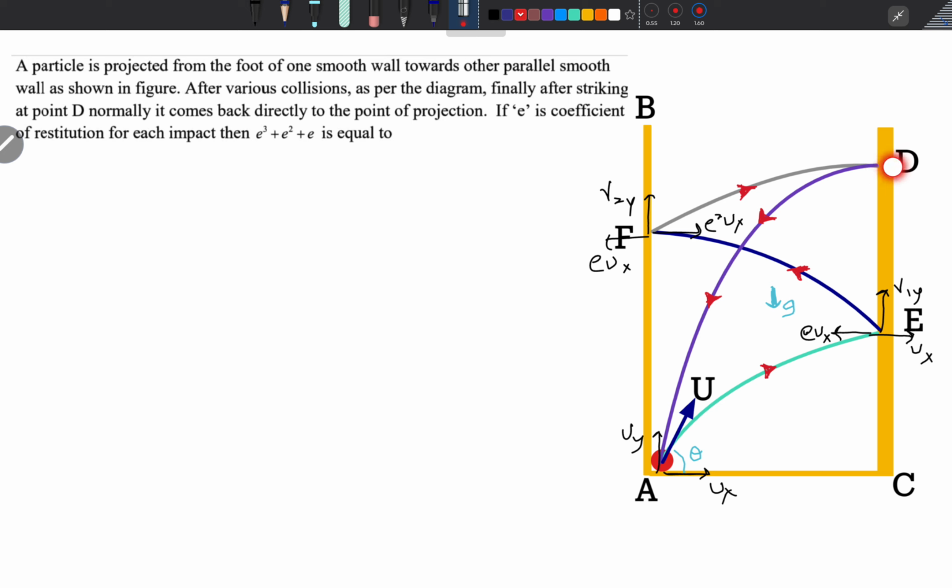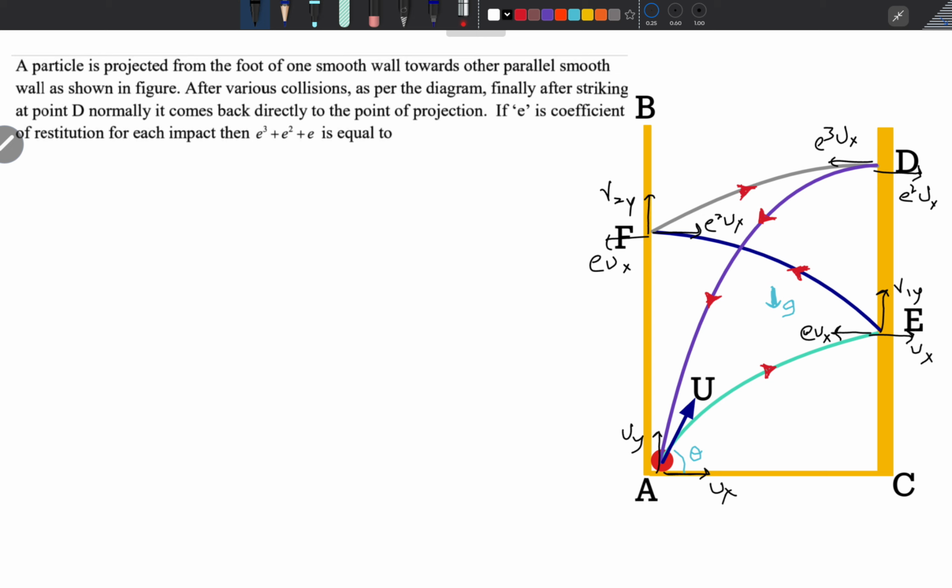So at point D, the ball will collide horizontally with velocity e²ux. Then it will rebound with the speed e³ux.